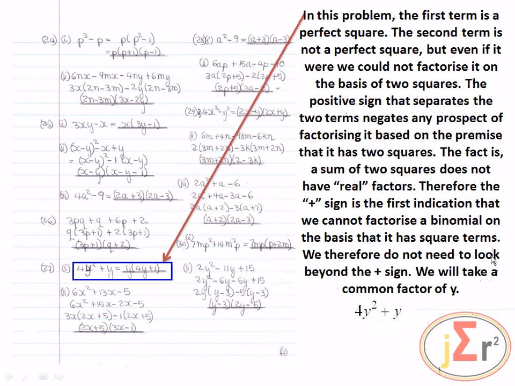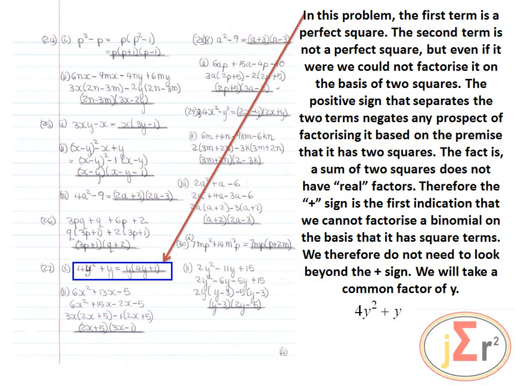In this problem, the first term is a perfect square. The second term is not a perfect square. But even if it were, we could not factorize it on the basis of 2 squares. So I'm saying that this first term is a perfect square. This one is not a perfect square. And I'm saying also that even if both terms were a perfect square, we still could not factorize the expression on the basis of 2 squares.